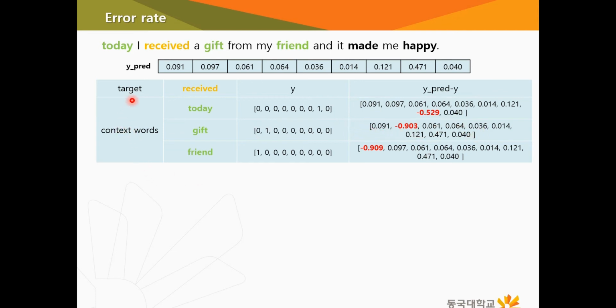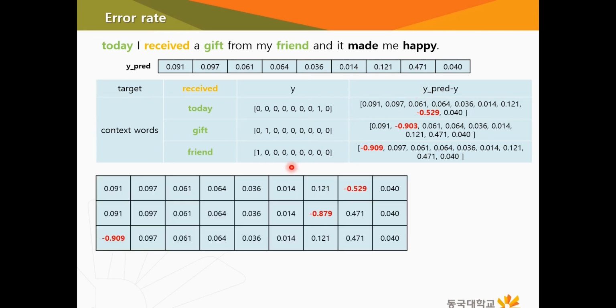For example, in this sentence, today I received a gift from my friend and it made me happy. Let's say the target word is received, then the context words for this target word are today, gift, friend, and the corresponding vectors are in this column, and you subtract these vectors from the prediction values.